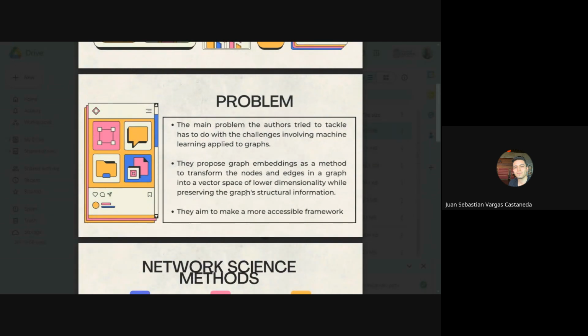So this is a method to take a graph and transform it into something that allows applying machine learning, basically. There are a lot of frameworks out there, and they wanted to make this an accessible one. So that was the main problem they tried to tackle.